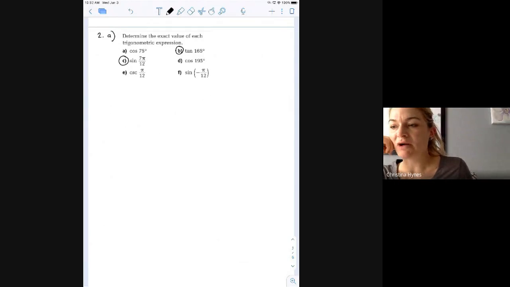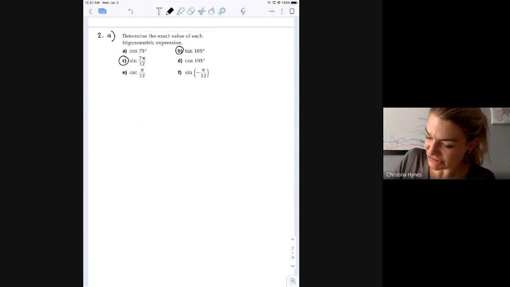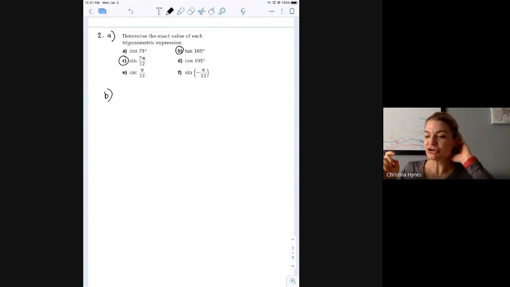Okay, so number 2 now. One's in radians, one's in degrees. So let's do the degree one first. You just have to figure out two degrees that either add to 165 or subtract to 165. It doesn't matter what they do as long as they are numbers that you can get exact answers for.